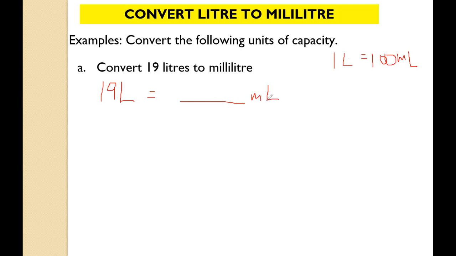So what did we say before? When converting from a larger unit to a smaller unit, we need to multiply. Therefore, we multiply 19 times 1000. So it will be 19,000 milliliters.